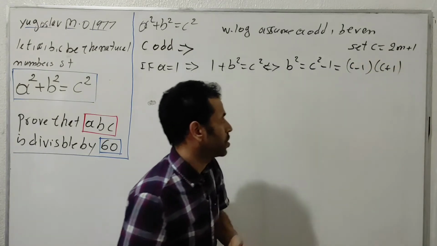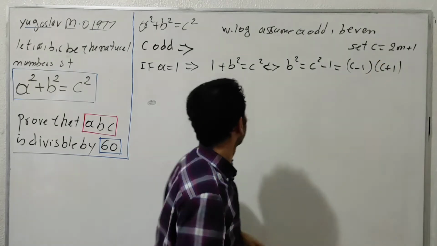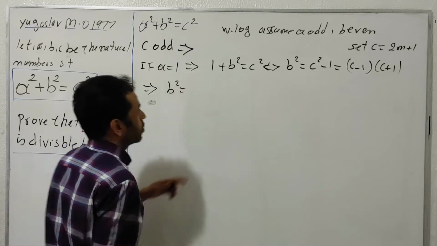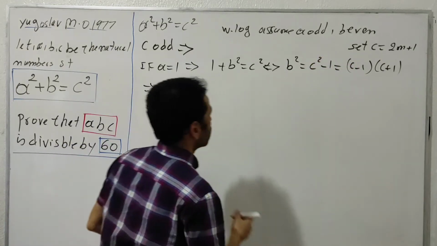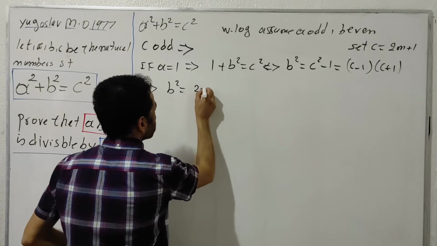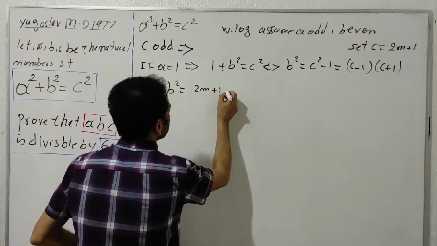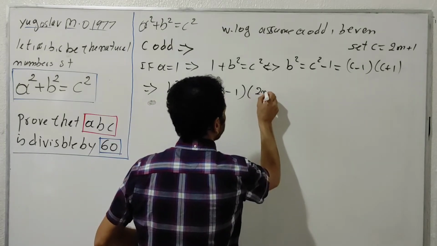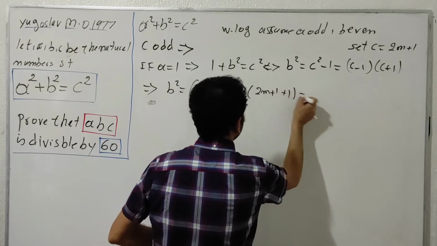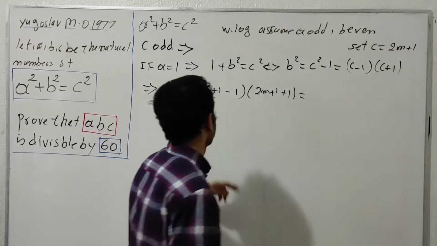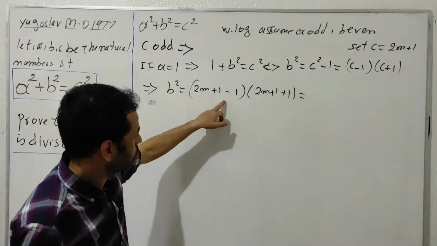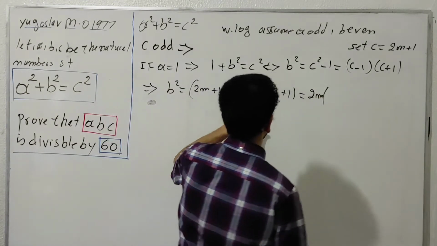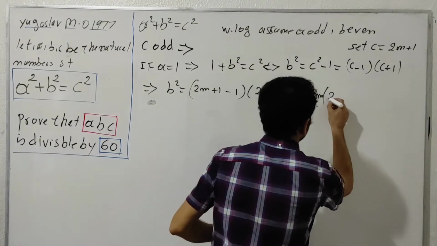Replacing C with 2m plus 1, B squared, which is even, equals 2m plus 1 minus 1 times 2m plus 1 plus 1. Simplifying, the 1 minus 1 cancels out, and I'm left with 2m times 2m plus 2.